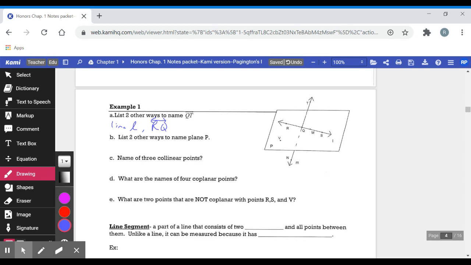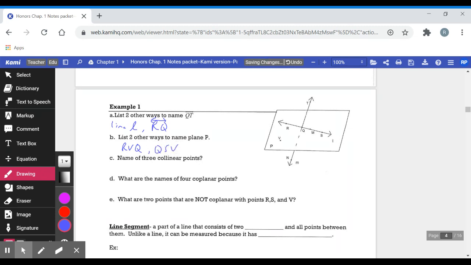On B, it says list 2 other ways to name plane P. So you can see that P is in the corner. It doesn't actually have a dot by it, so you could just call it plane P, or you can name it by any 3 points in the plane, but they may not all 3 lie on the same line. So in this particular case, I put RVQ, and I also put QSV.